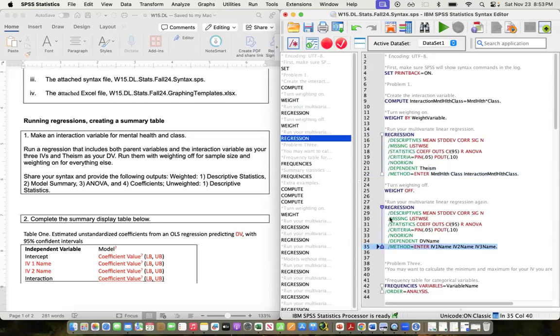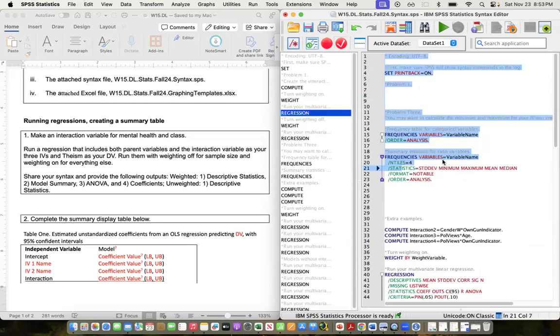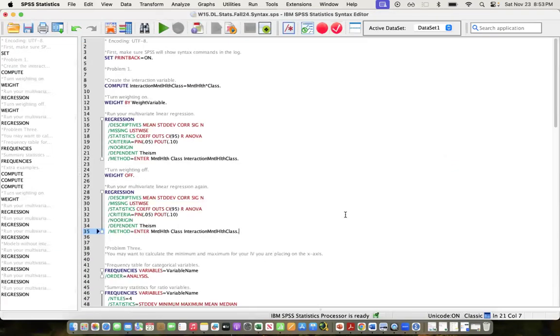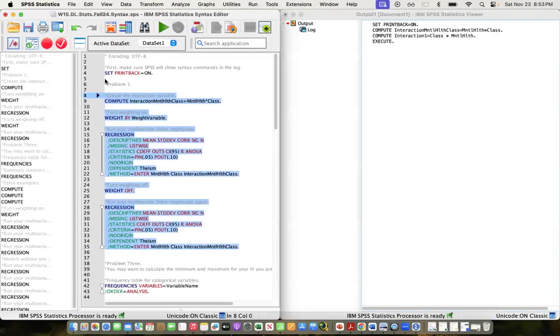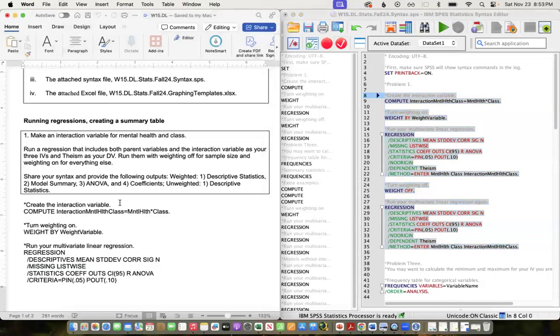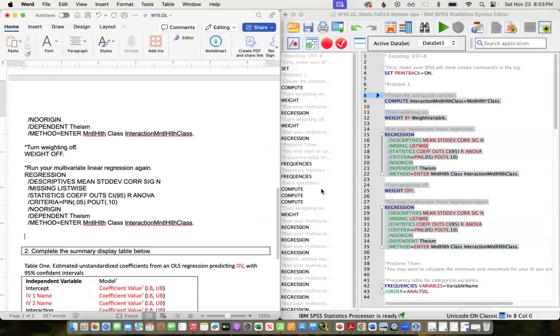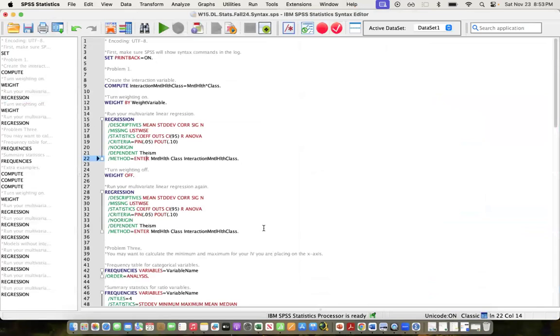And we're going to want to run it again without weighting. I'm just going to copy and paste that. Okay, so here's my syntax. So run this.